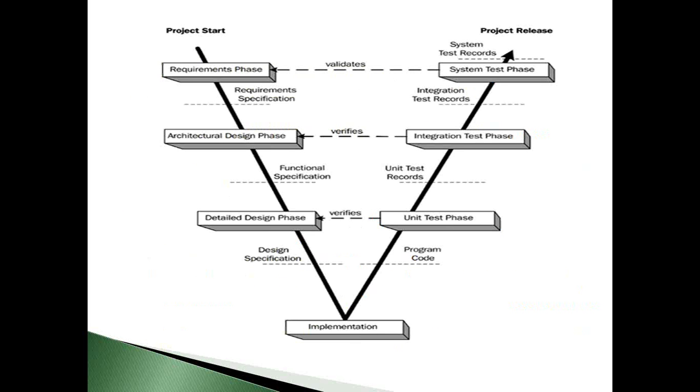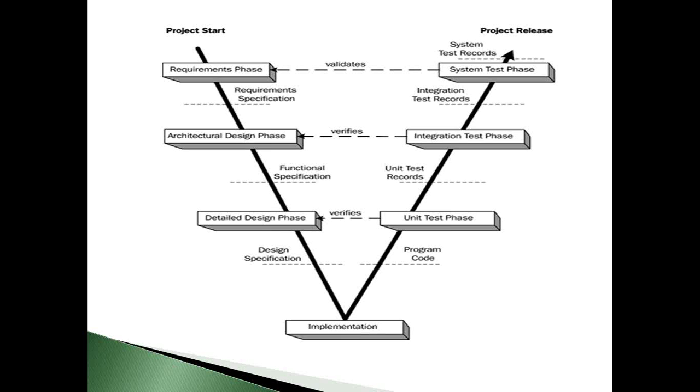So this is the process flow of the V model. If you check the diagram, the process happens in the form of a V. The project starts with the requirements phase, then the architectural design phase, and then the detailed design phase.